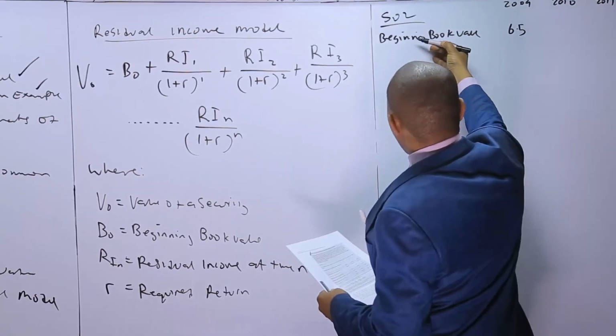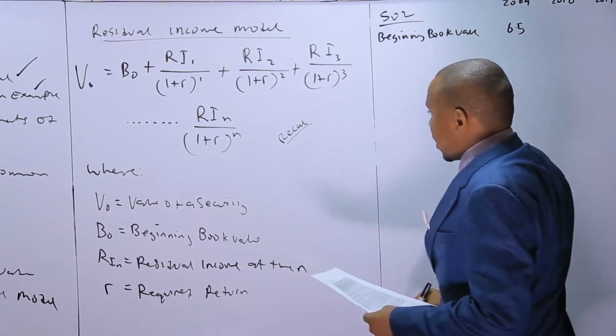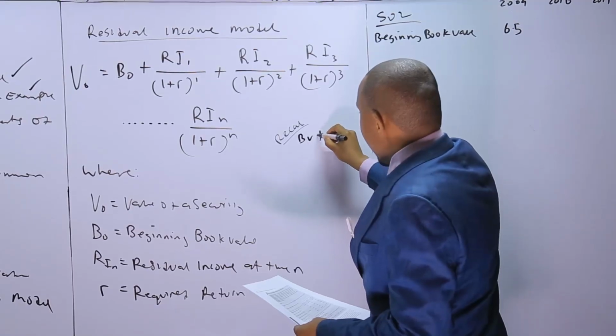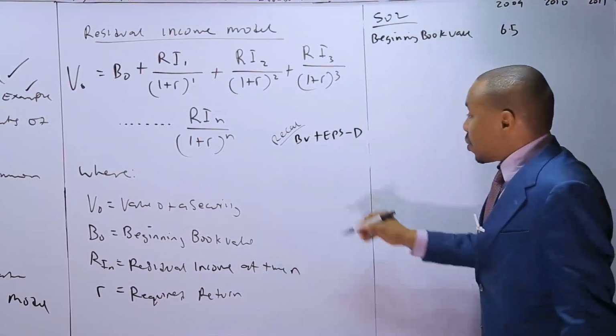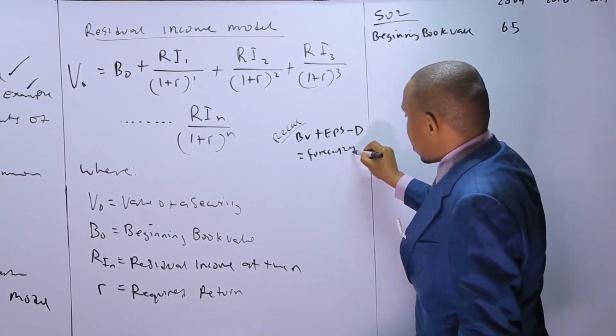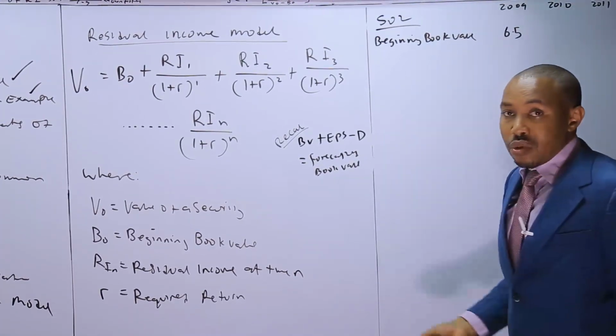Once we have the beginning book value, recall what we had said: we get the beginning book value, we add the EPS, and then we less the dividends, so that we can get the forecasted book value. That's exactly what we're going to do right here.